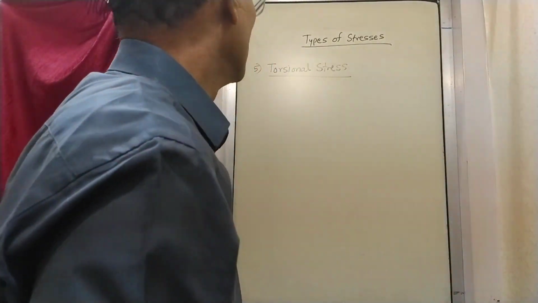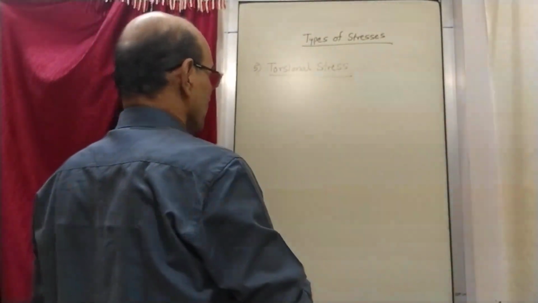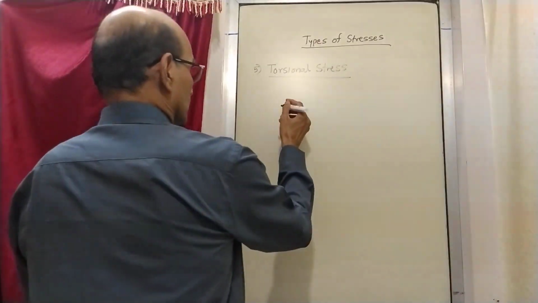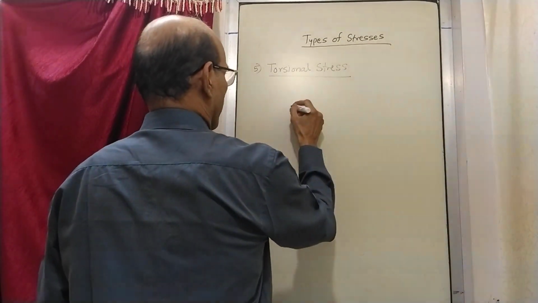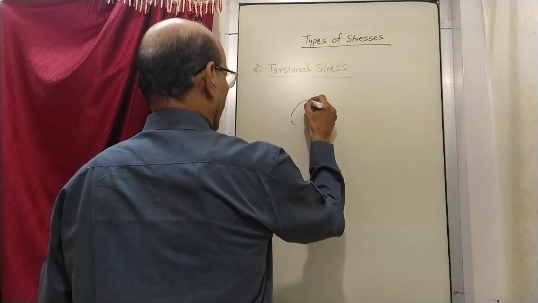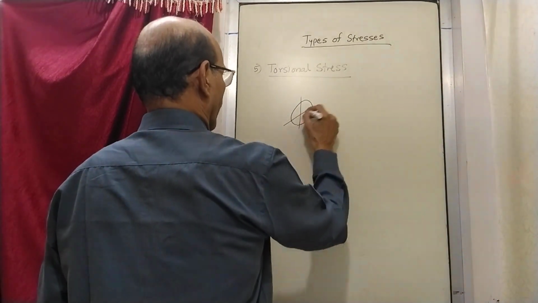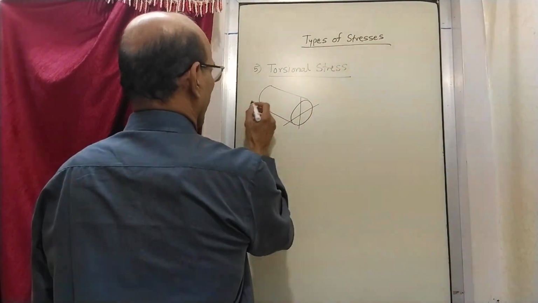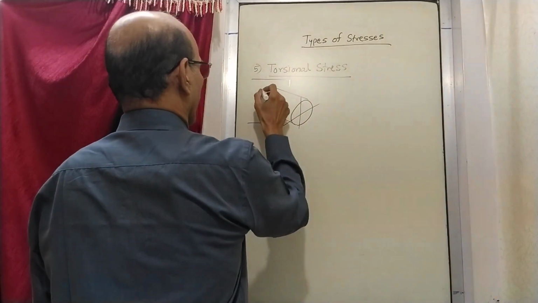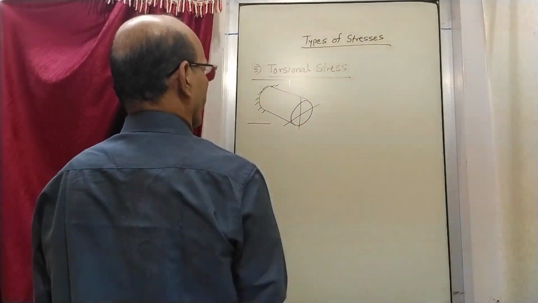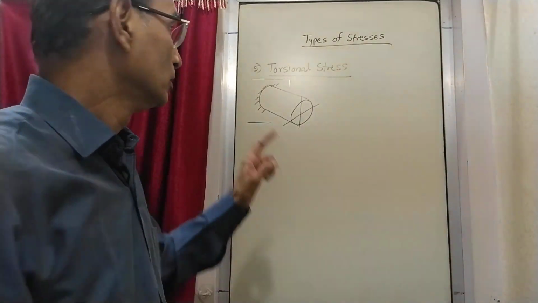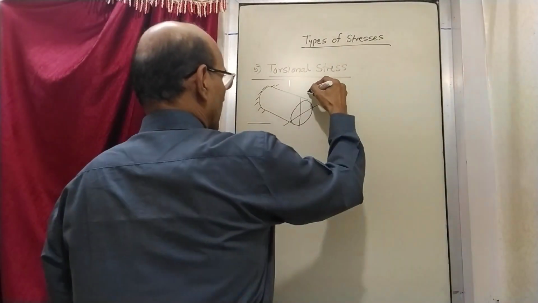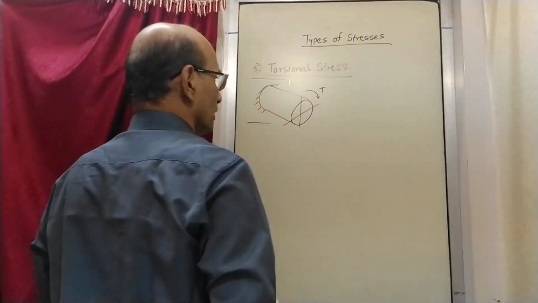Torsional stress it is. So what is a torsional stress? Let me draw some figure. So I have drawn some rod which is fixed at one end, the other end is free, and we are applying a torque here like this at the free end.